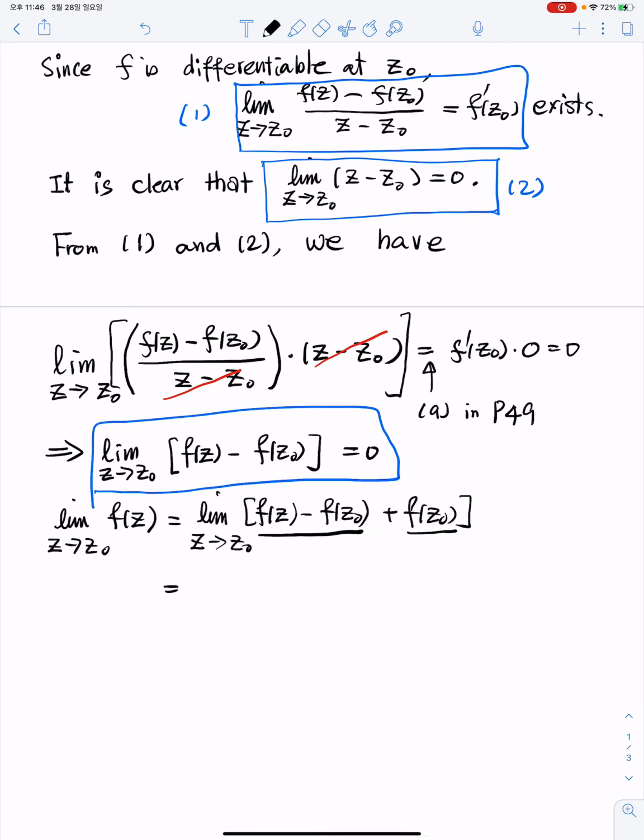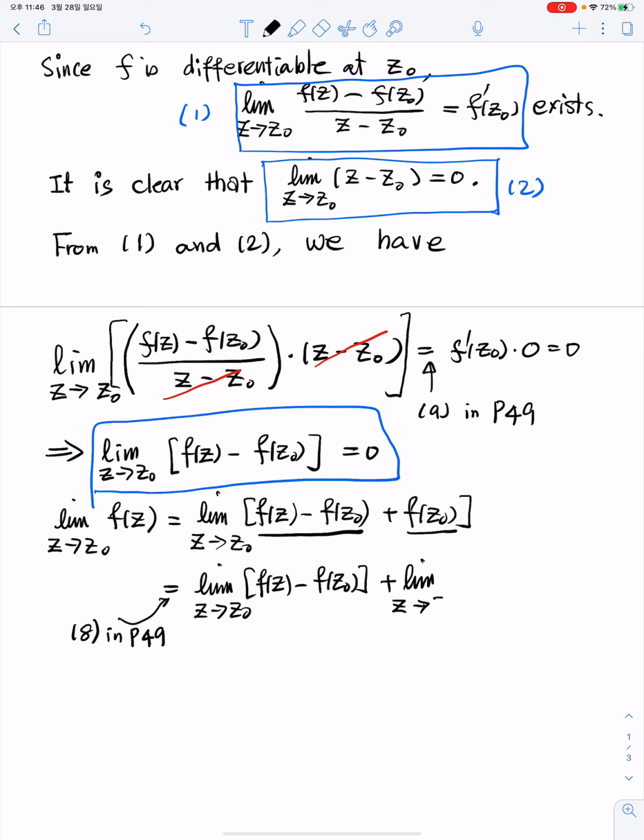So again, by property 8 on page 49, the limit as z approaches z0, you can separate into pieces, f(z0), because they exist, and then the limit as z approaches z0 of f(z0). So we know that this one is 0, this one is f(z0). So finally we have f(z0). So that is our claim.